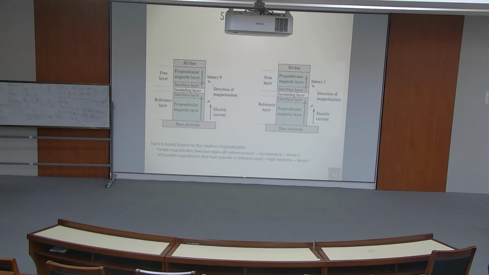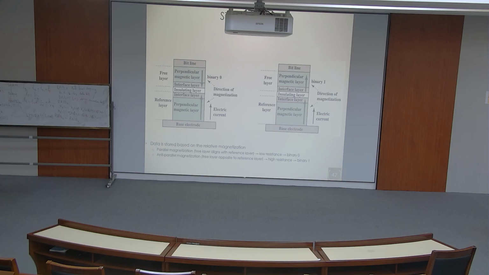Then the picture here on the screen depicts how the STT RAM stores the data. We have the bit line, and we have the base electrode on the bottom of this reference layer. Then we have the free layer as well. Data needs to be stored in this relative magnetization.